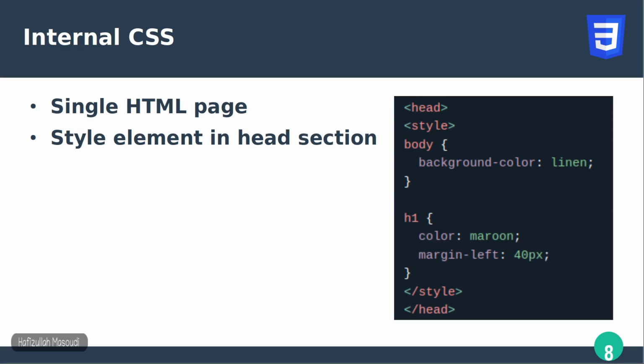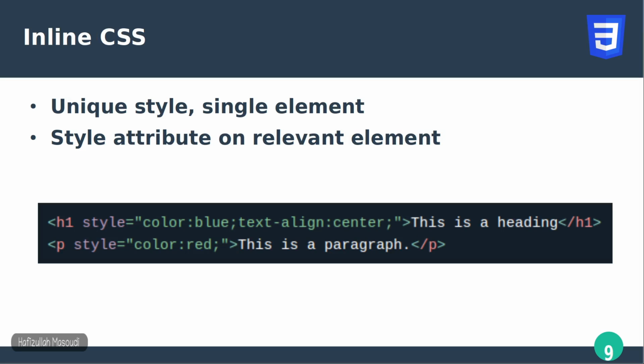Now the second way is internal CSS. So if one single HTML page has a unique style, we can define the style element inside the head section of the HTML document. So you can see in the example image provided in the slide that we have the style element in the head section, which contains some CSS code. Now the final way is inline CSS.